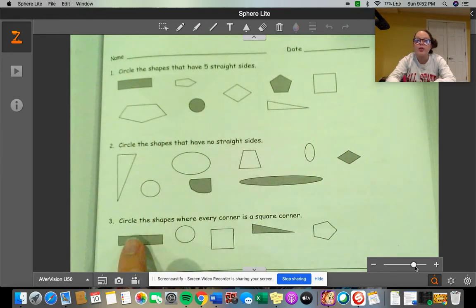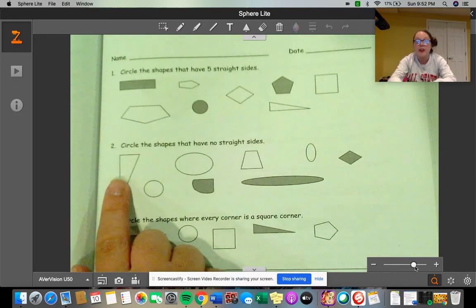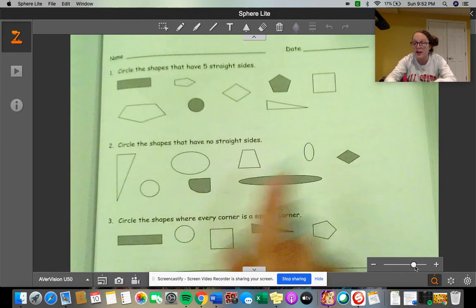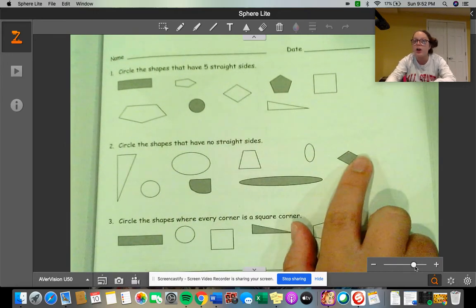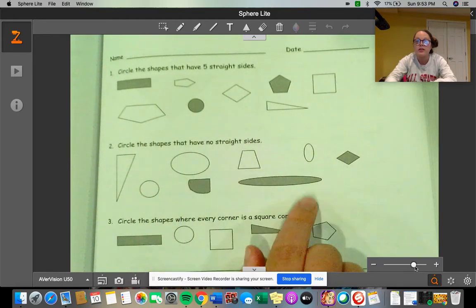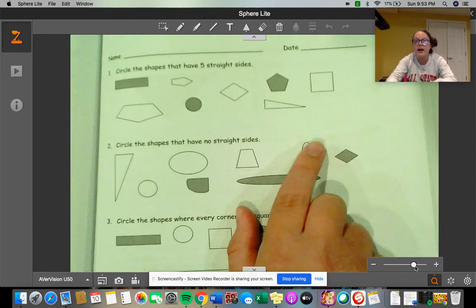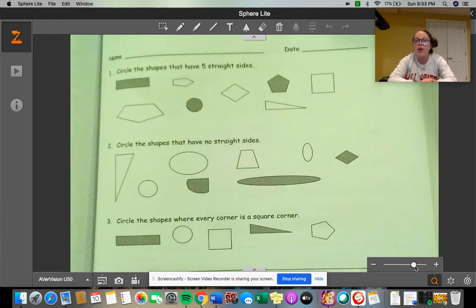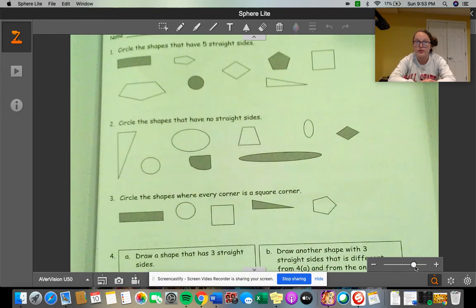So I'm going to be looking for ones that are just circles that have no straight sides at all. This one has straight sides, this one has straight sides, so does that one and that one. So we're not going to circle those, but we're going to circle this one, this one, this one, and that one, because they all have circles.